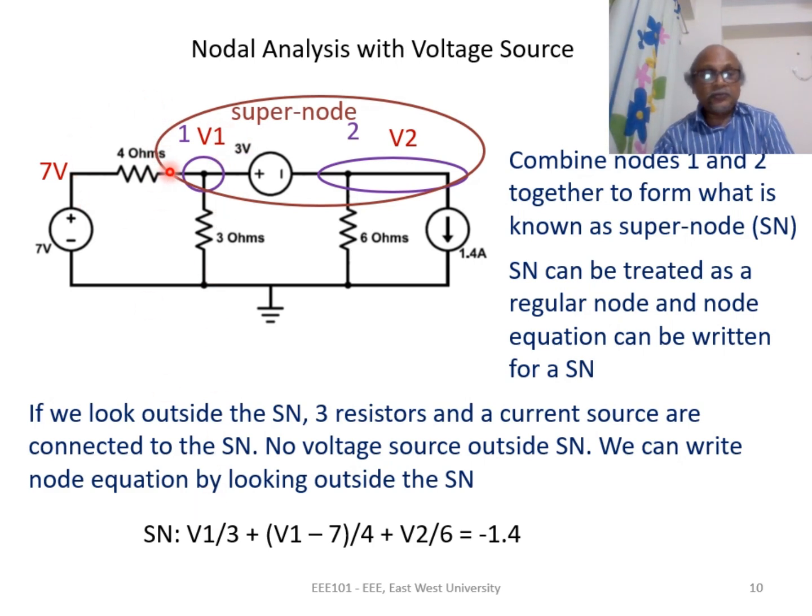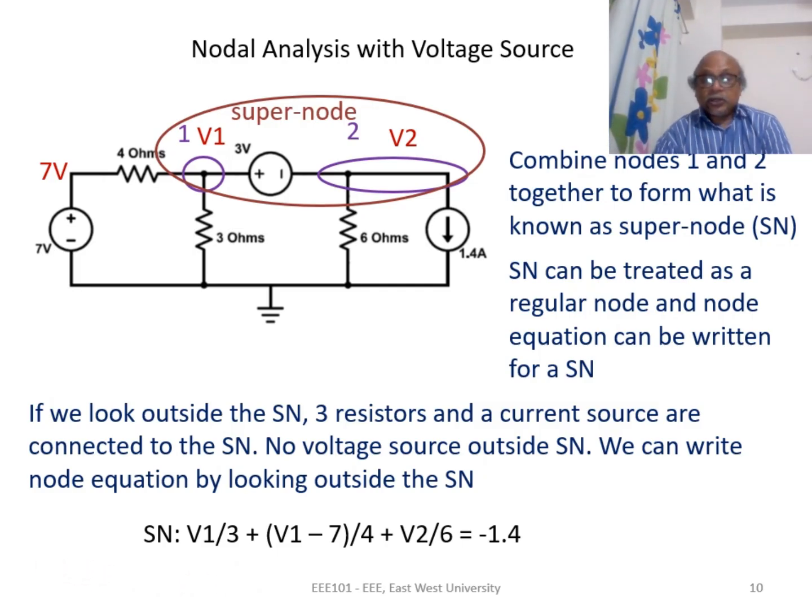For the 4 ohms, the current leaving the supernode or node 1 is (V1 minus 7) by 4, this term. And for the 6 ohms, the current leaving the supernode or node 2 is V2 by 6, this expression. And on the right hand side the current source term is negative because it is leaving the node. So we get one equation by combining both the nodes into a common supernode.